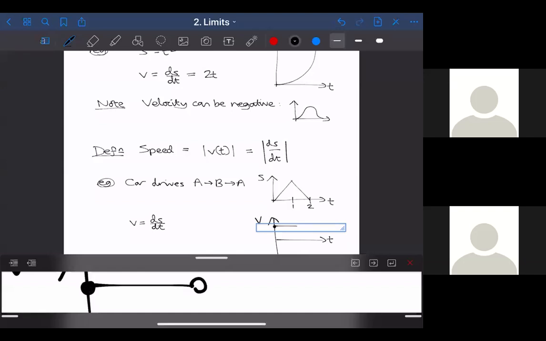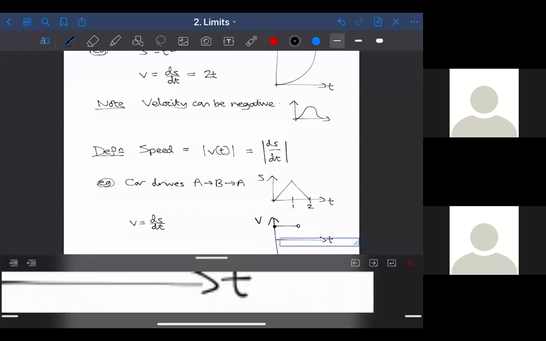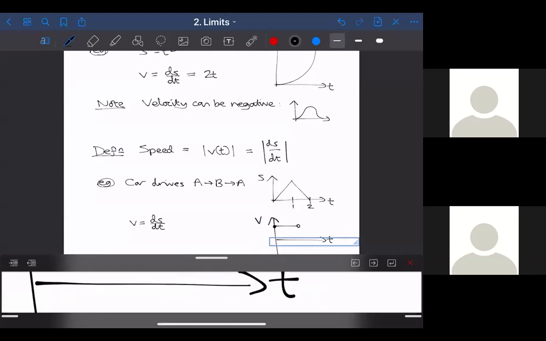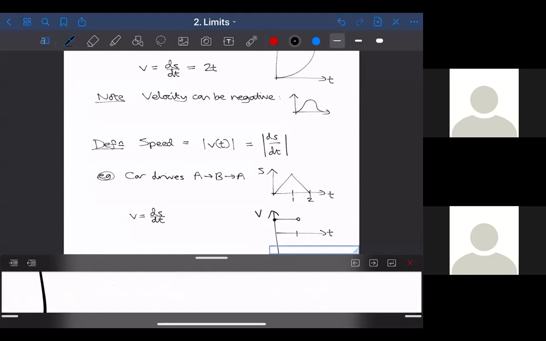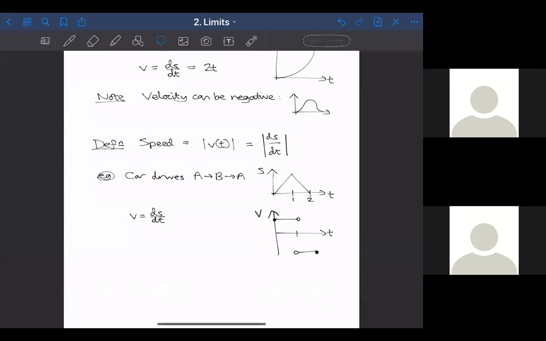up to time 1, and then it's not defined. So the graph is not differentiable at time 1.